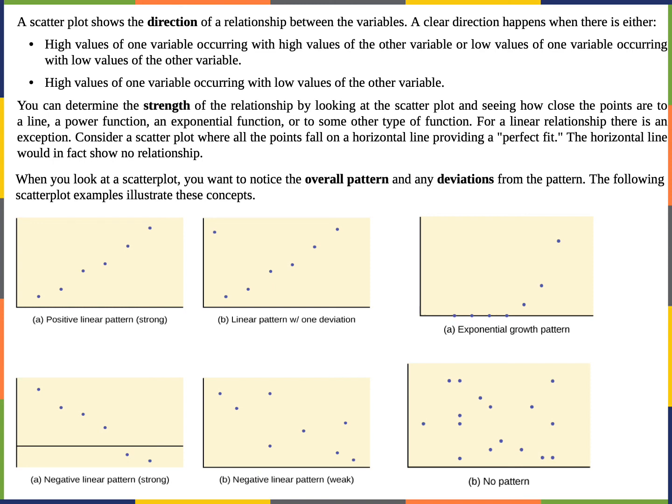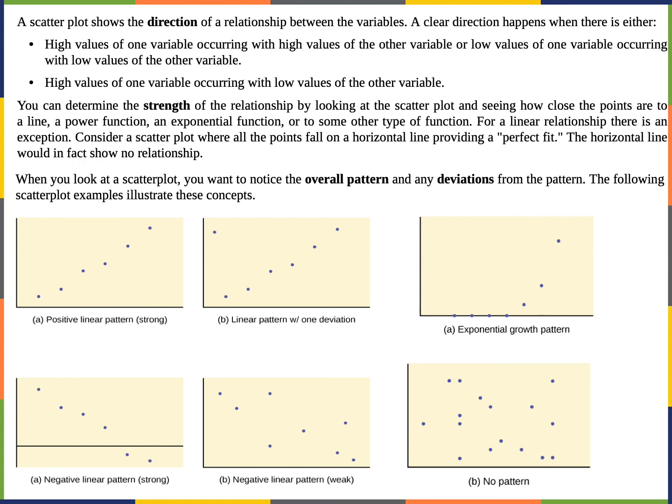When you look at a scatter plot, you want to observe the overall pattern and any deviations from the pattern. So let's look at these scatter plot examples. Here for the first one, you notice that there's a strong positive linear pattern. This one, B, has a linear pattern but with one deviation. You see this one over here, it's not falling in line. This one on the right, the third one from the top, A, is an exponential growth pattern, and it goes up in an exponential way.